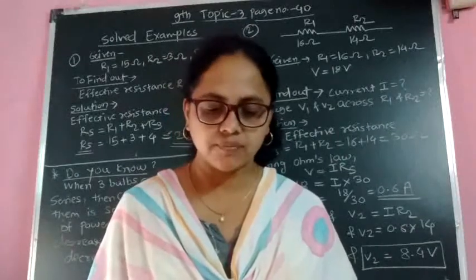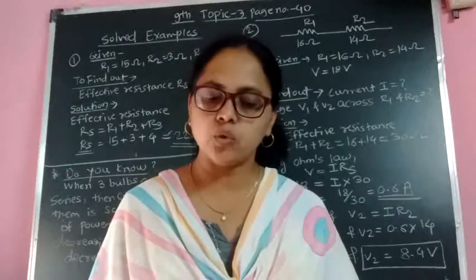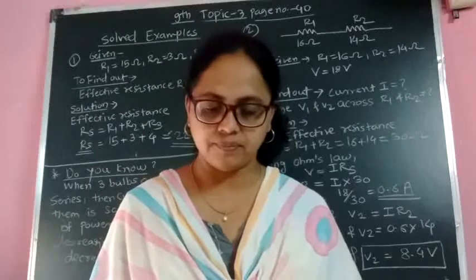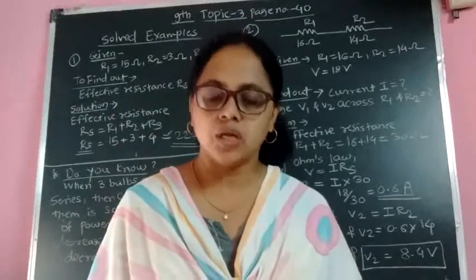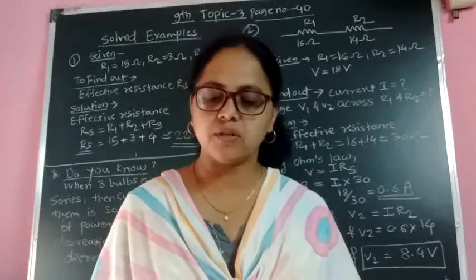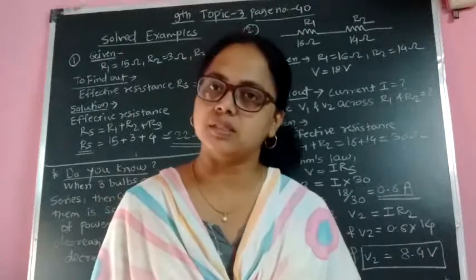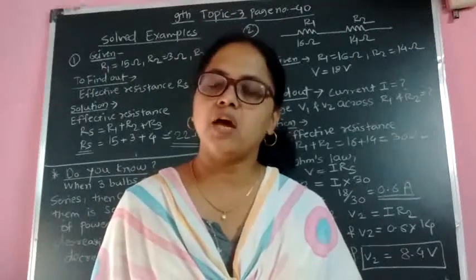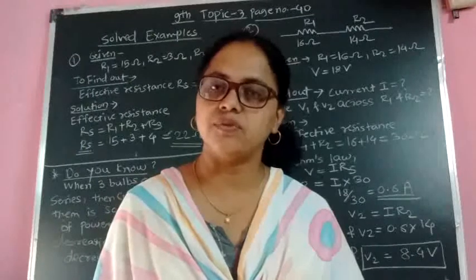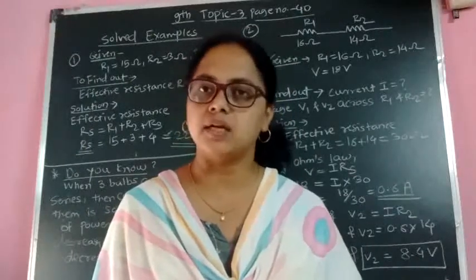Now third point, the potential difference between two extreme arrangements is equal to the sum of potential differences across individual resistors. That is, we apply the potential difference with the help of a battery in the circuit.